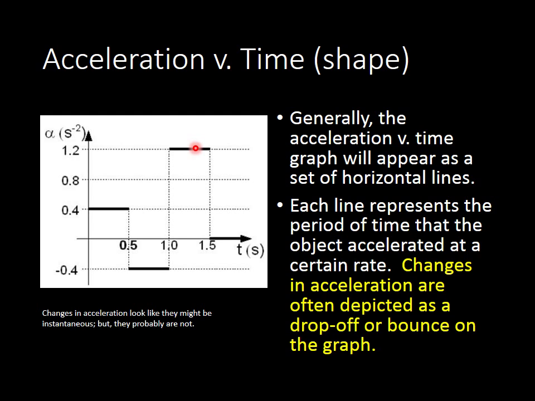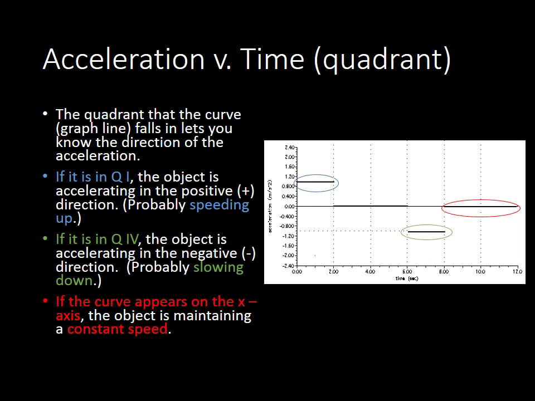It's probably more of a gradual thing. But since this is kind of an average or a constant acceleration between two periods of time, it generally comes out looking like there are these abrupt changes.